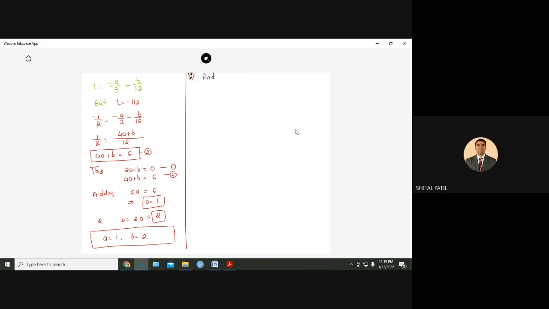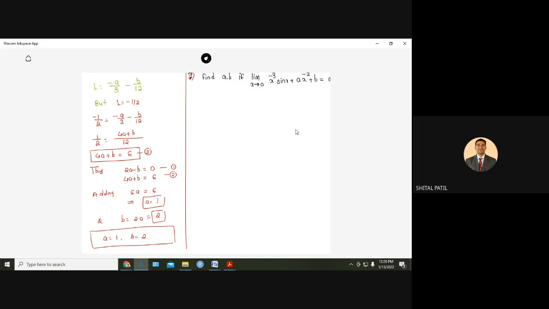Find a and b if the limit as x tends to 0 of x raised to minus 3 sine x plus a x raised to minus 2 plus b equals 0.